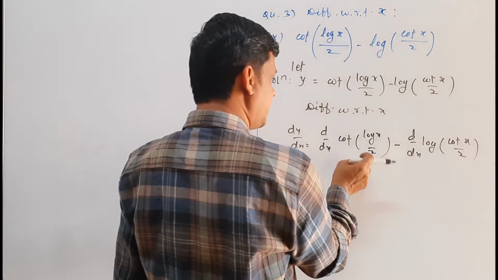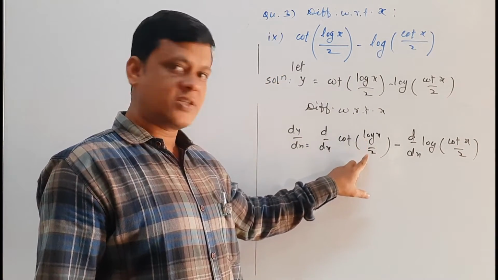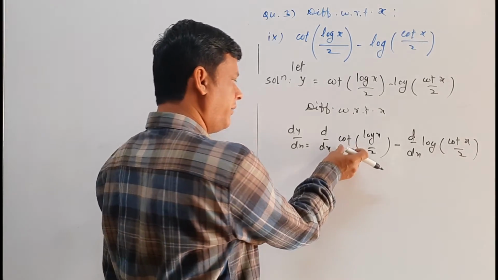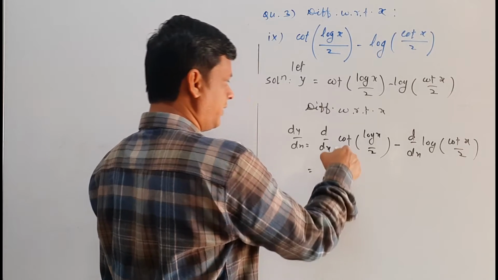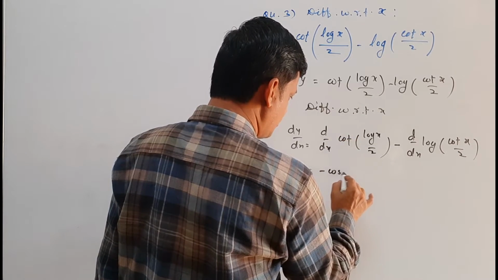So first we differentiate this function. The inner function is log x by 2, the outer function is cot x. So first we have to find the derivative of the outer function. So we write the derivative of cot x. Derivative of cot x is minus cosec square x.